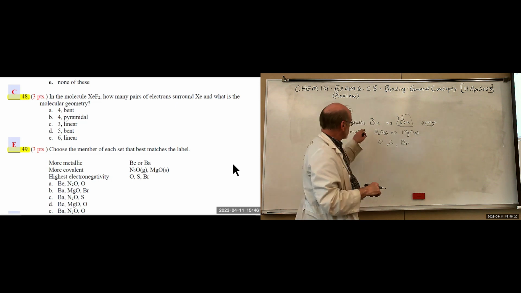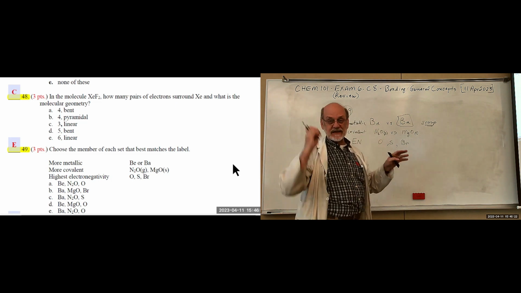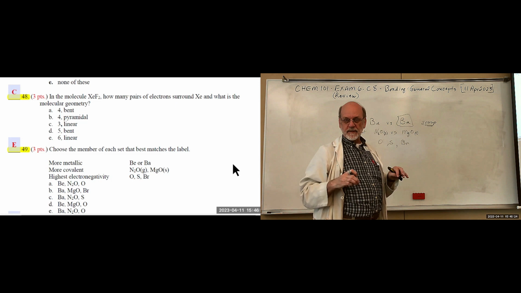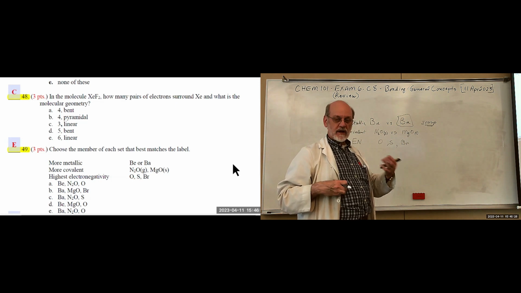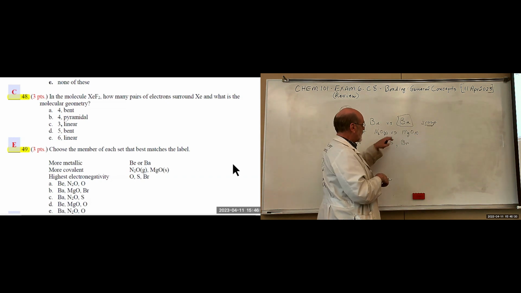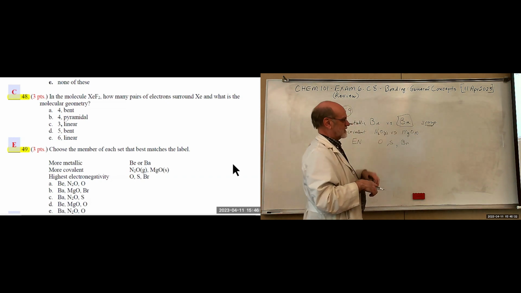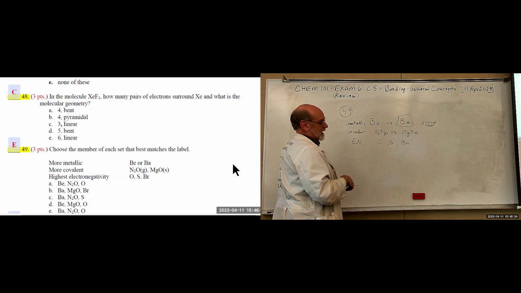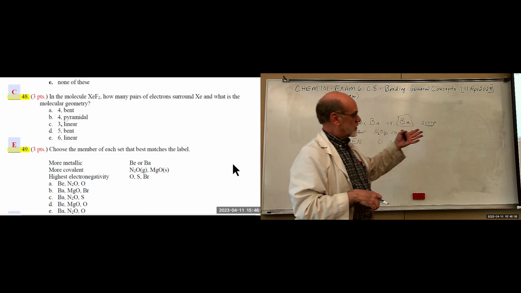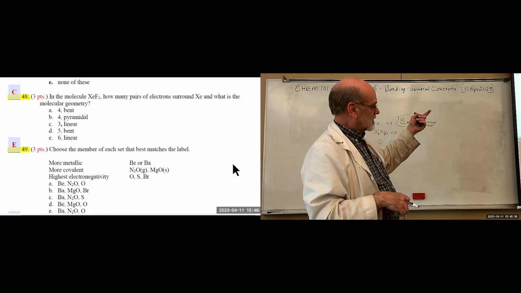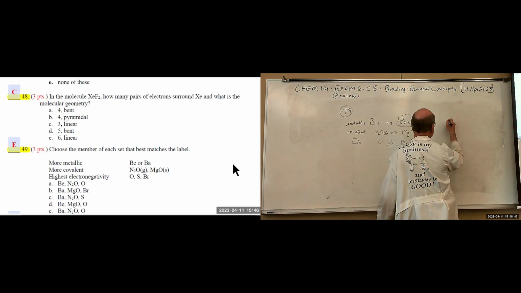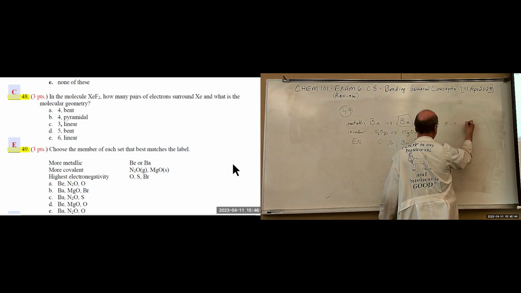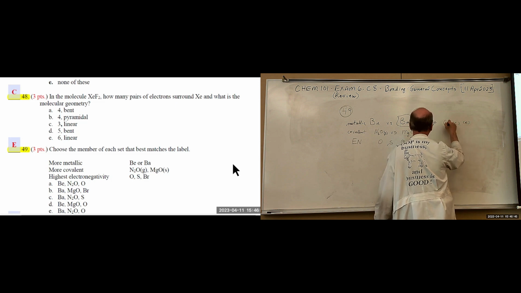That means it's going to give up its electrons more easily if it's confronted with a nonmetal. So barium is the more metallic. All right, so if we look at our choices, B, C, or E are possibilities.